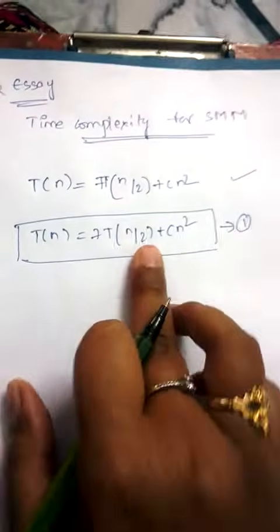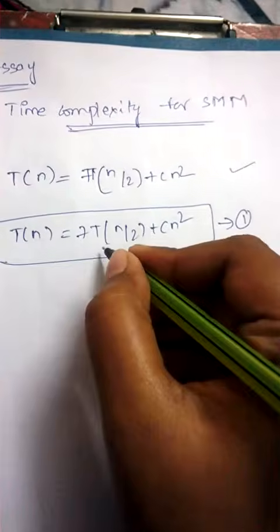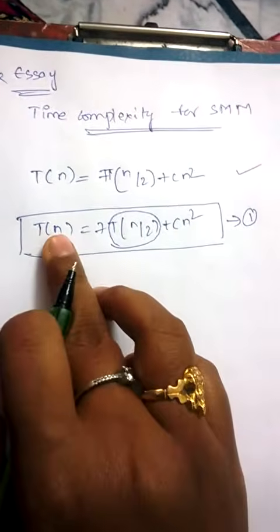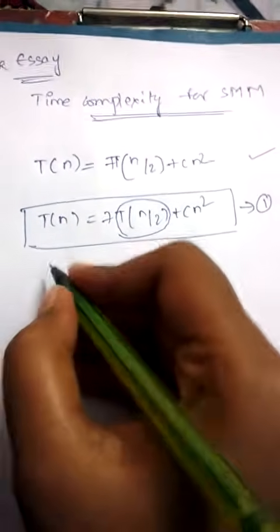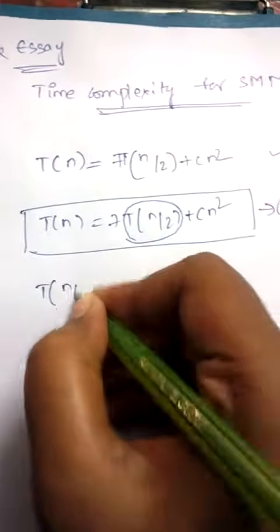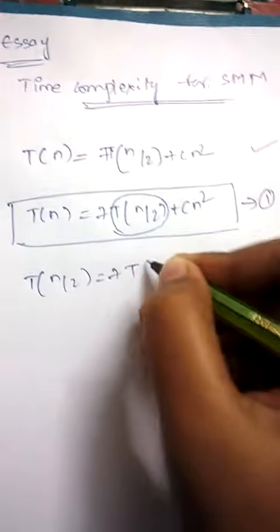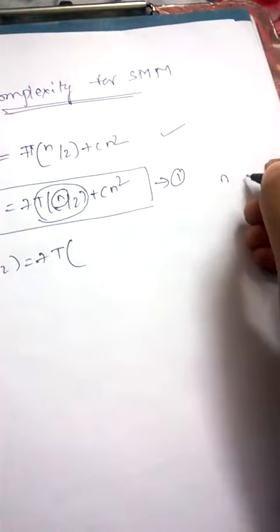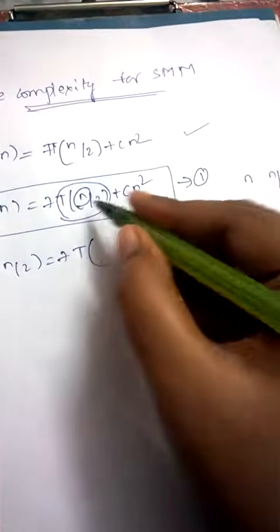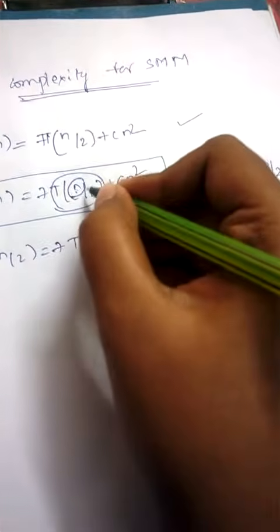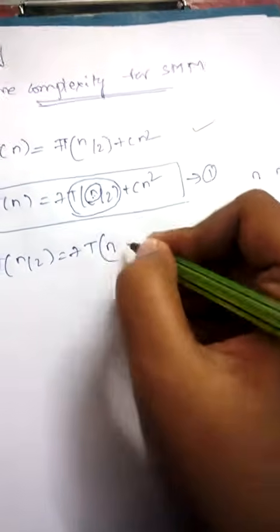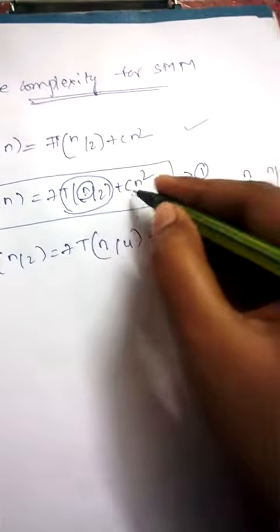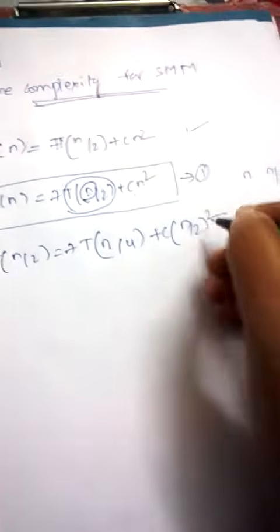Now we are finding the value of T of n by 2. It is nothing but instead of n we have to substitute n by 2. T of n by 2 is equal to 7T of, in place of n we are putting n by 2, so n by 2 by 2 will give n by 4, plus c into, in place of n we are again putting n by 2 whole square.